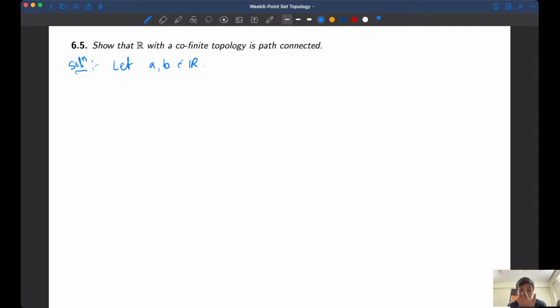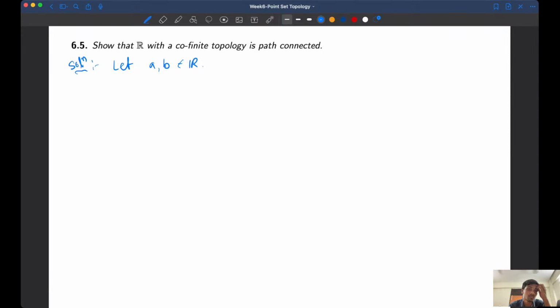So a constant map is always continuous in this topology also, so that's no worry. So in particular you can take a not equal to b, but even then, how do you define a path between a and b?